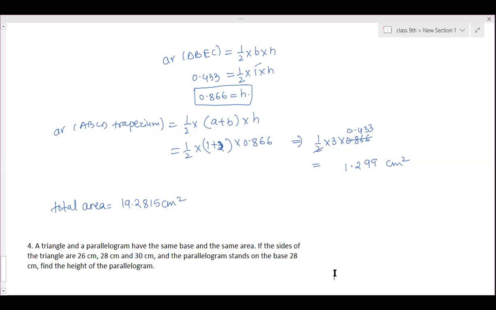They have told same base and same area. So the area of the triangle is equal to the area of the parallelogram, but the height will be different.